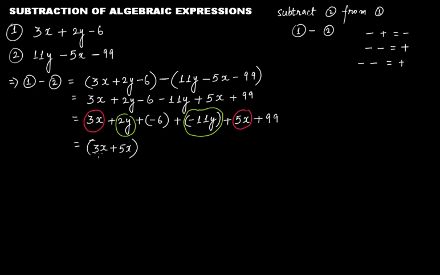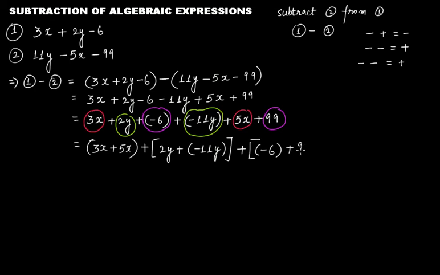After removing the brackets and then arranging them with the minus sign within a bracket, you can simply add them together. So 3x plus 5x, and here plus 2y plus minus 11y. Then plus, now minus 6 and 99 are like terms, so add them together. So within the bracket is minus 6 plus 99. 3x plus 5x is 8x, plus 2y minus 11y.